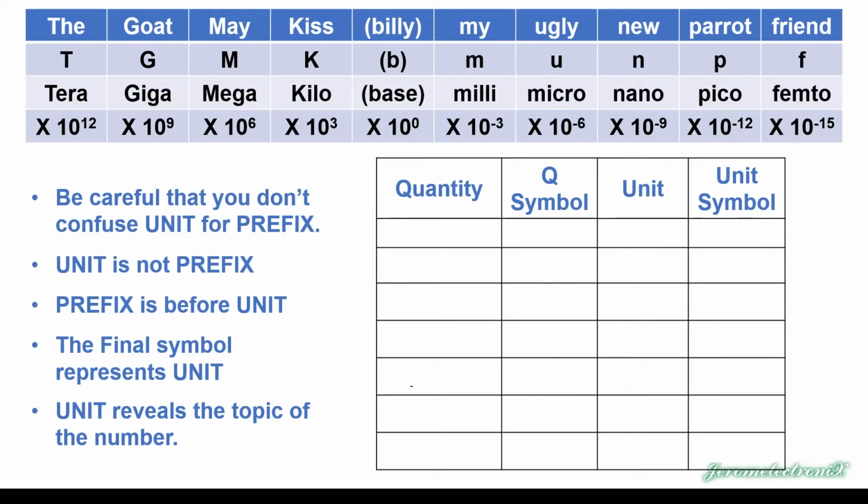If I say what is the length, that would be the quantity that we're looking for. We're quantifying something. What's the length of your shoe, for example? If you measure your shoe and it's 12 inches long, those are the units. The length is the quantity. The units are the description of the quantity.